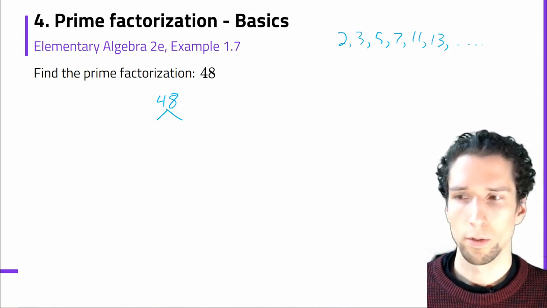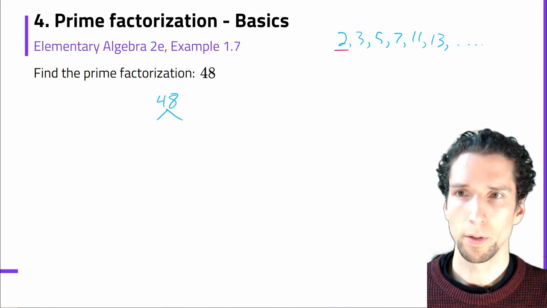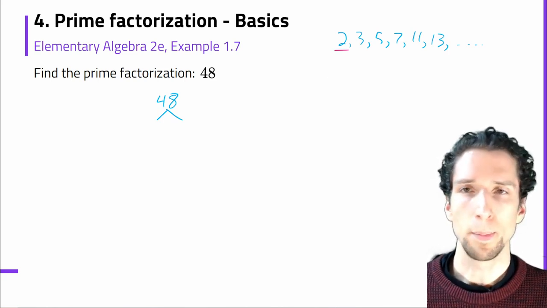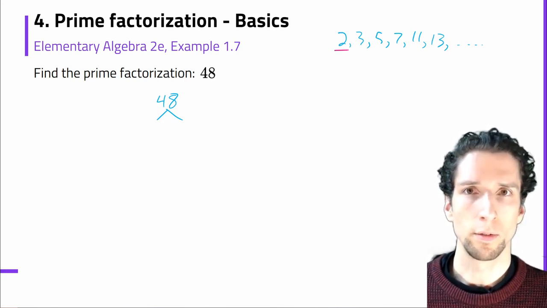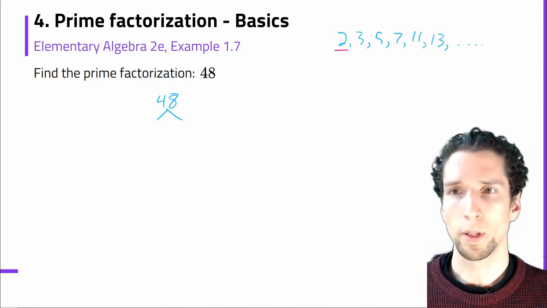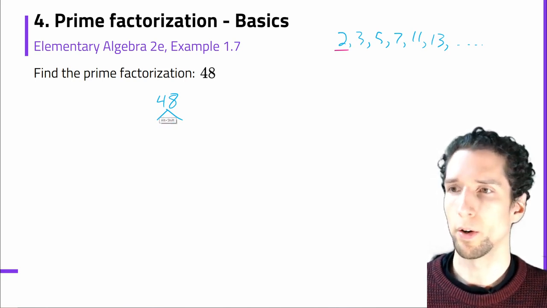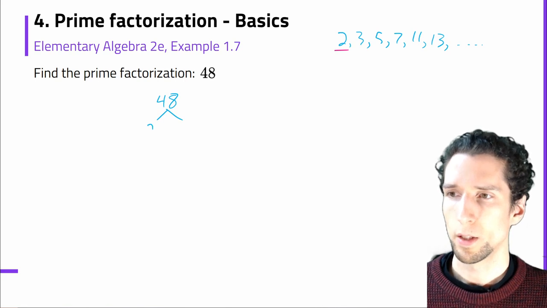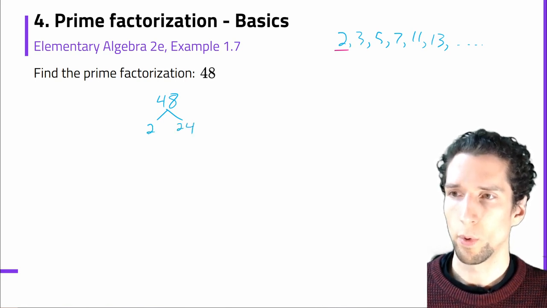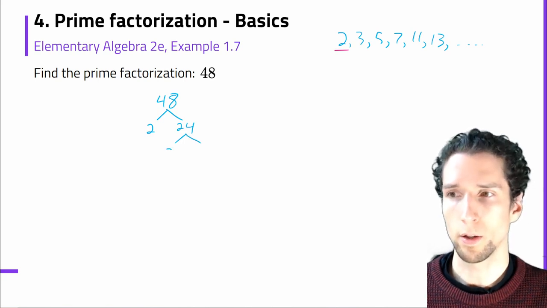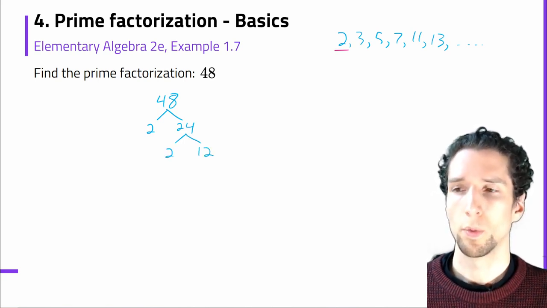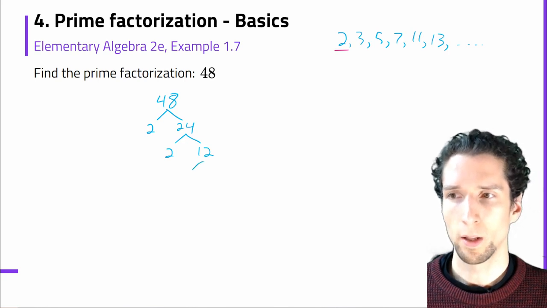So just go with the lowest prime number, 2, and keep dividing by that until you can't, and then stop, and then do by 3, and then by 5, etc. So in this case, 2 and 24. And let's try to divide by 2 again. Yes, we can. So 2 and the result 12, and divide by 2 again.